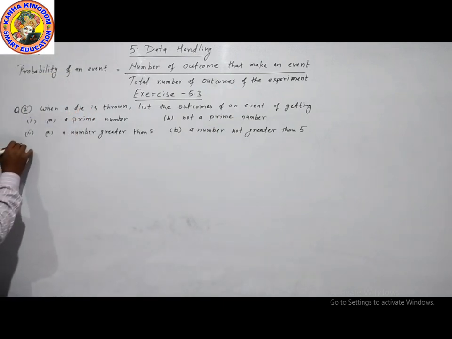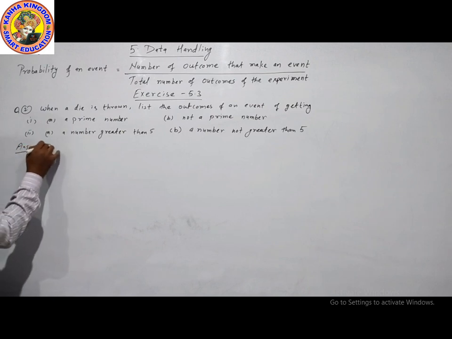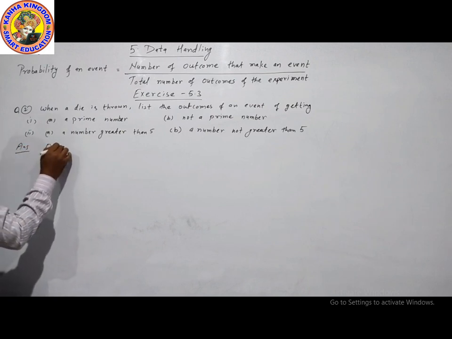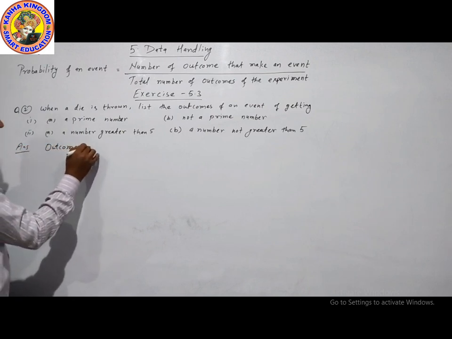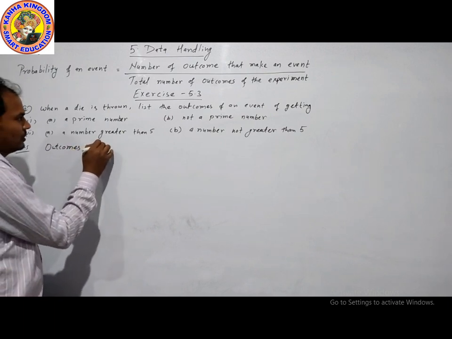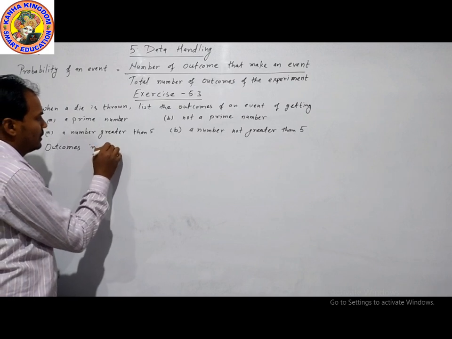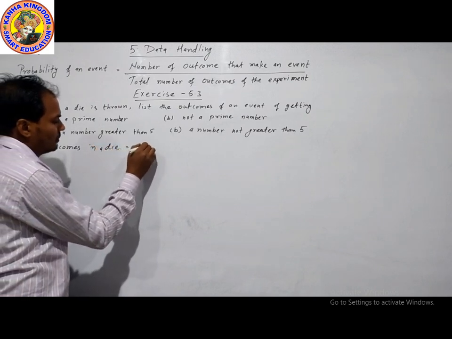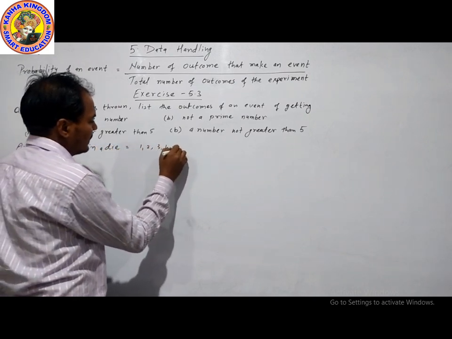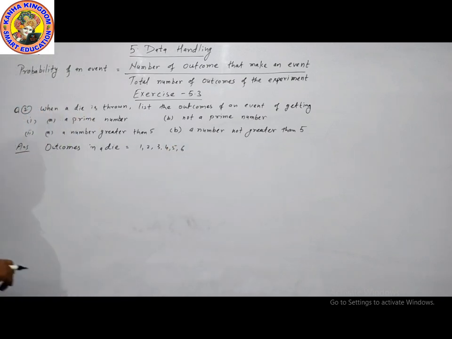First of all, the outcomes in a die are 1, 2, 3, 4, 5 and 6. These are the outcomes in a dice.